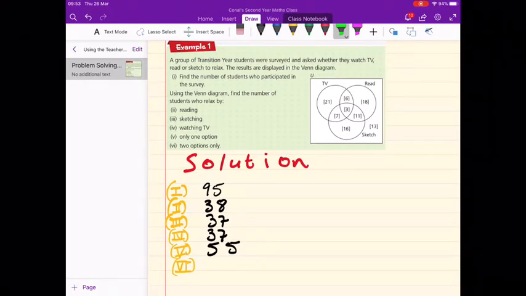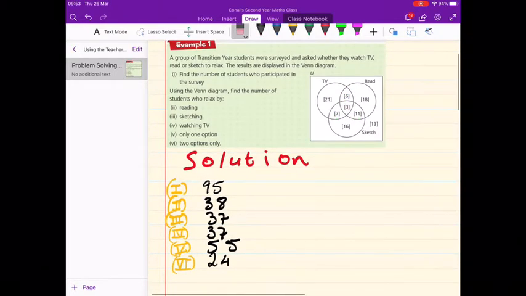Then the next one asks us how many students relax by doing 2 options only. So we have 7 that watch TV and sketch, we have 6 that watch TV and read, and we have 11 who sketch and read, but they don't do all 3. So 6 and 7 brings us to 13, add the 11 brings us to 24. So we have 24 students who do that.